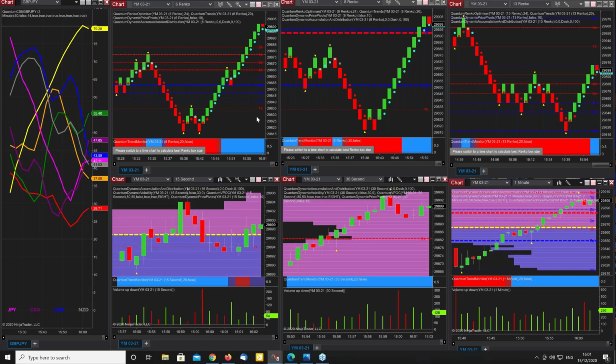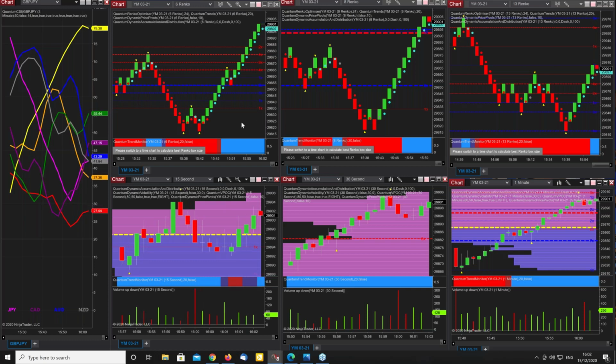You may be very comfortable trading at this sort of speed, you may not. If you're not, step back from it. There is no right way to trade these markets. Anyone who says this has to be my way or the highway is a fool, in my opinion. I'm sorry, but that's the long and short of it. It's as simple as that.